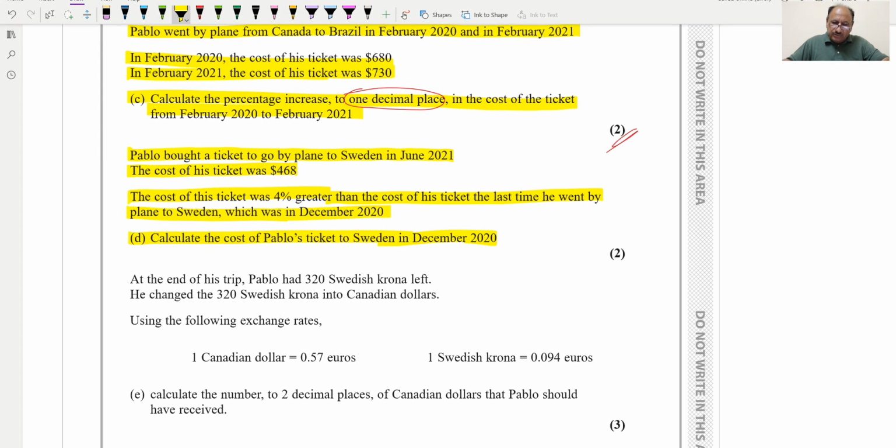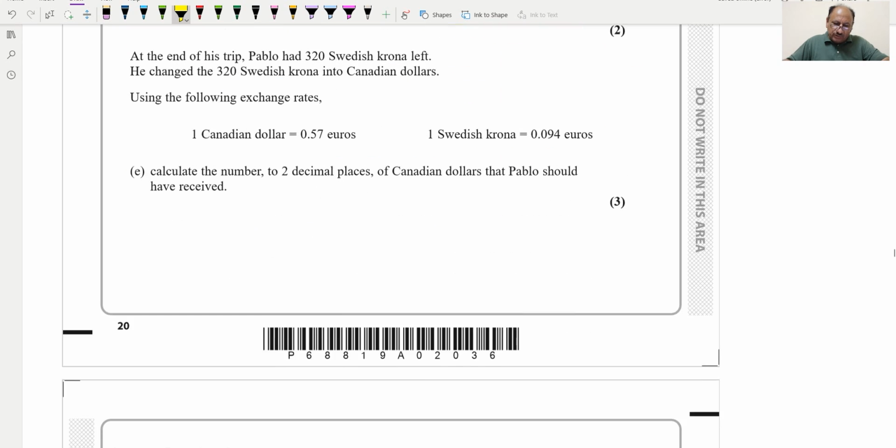For a reverse percentage question, we solve it as follows: after an increase of 4%, the cost is 468.